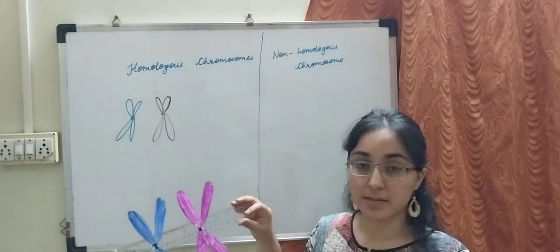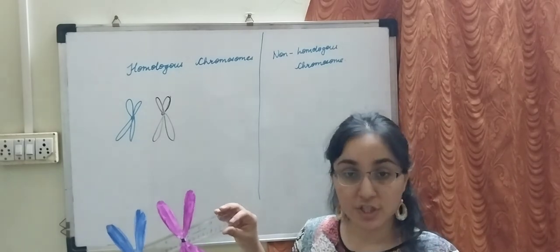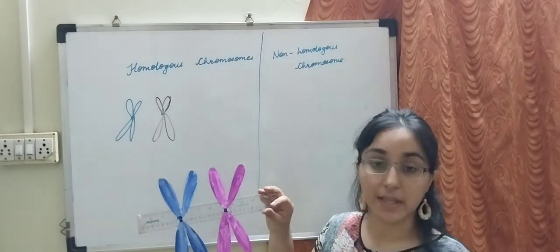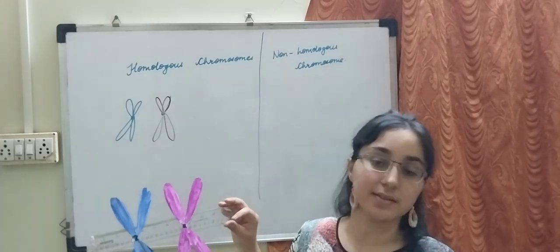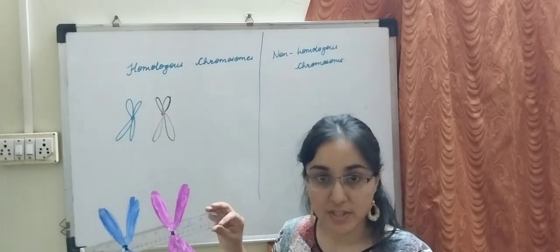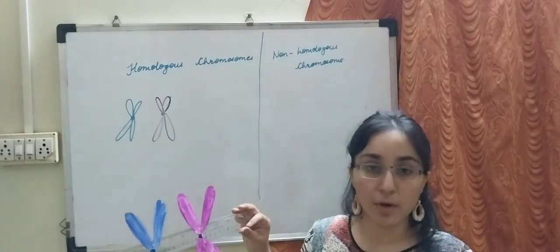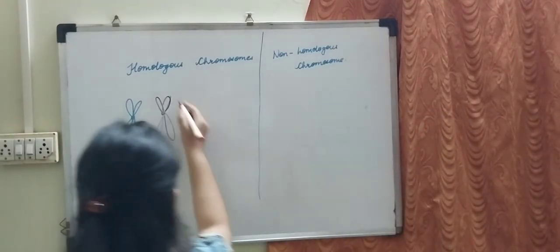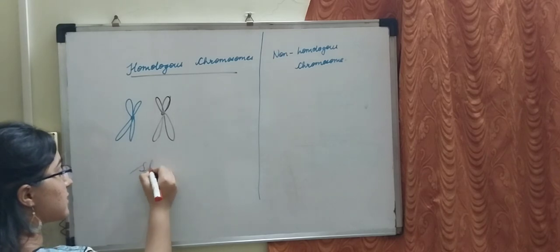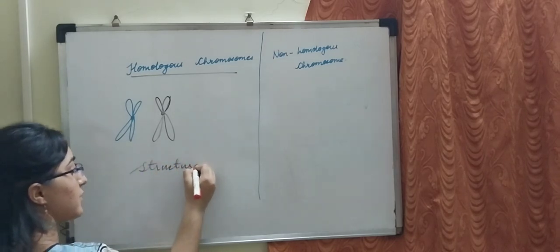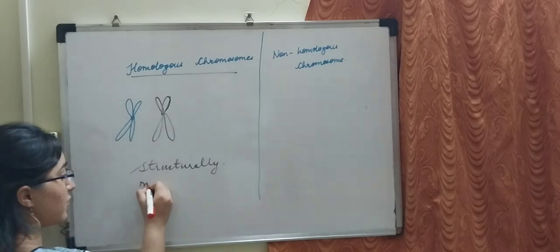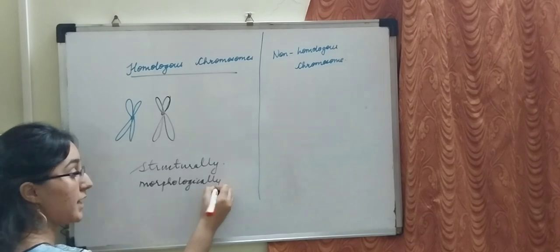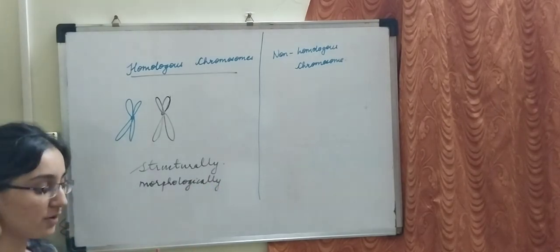So these three things, structurally, morphologically and genetically, are identical to each other, meaning exactly the same. That is what we say as homologous chromosomes.